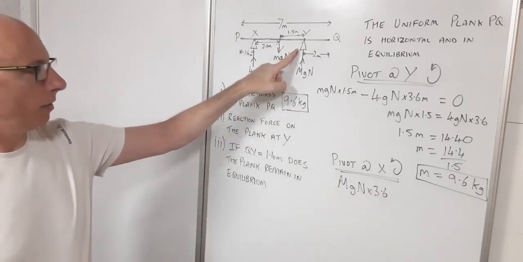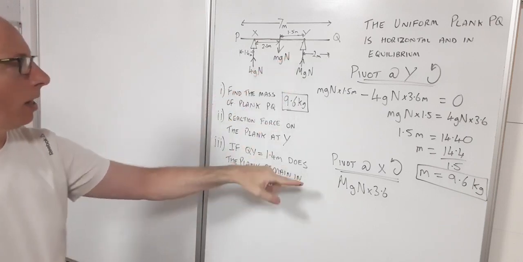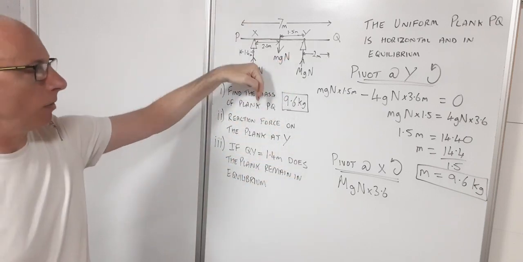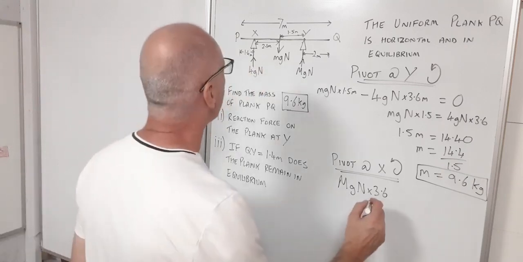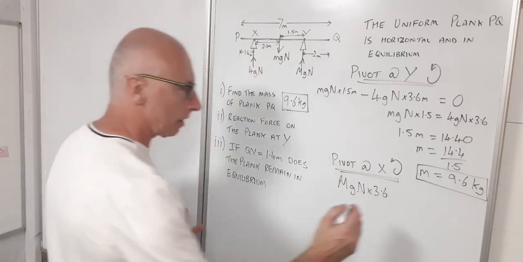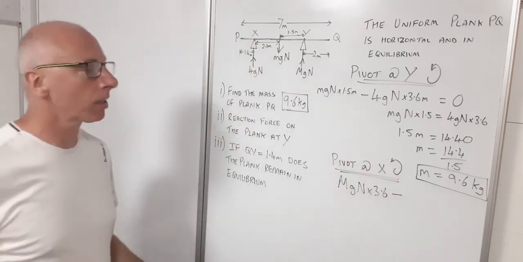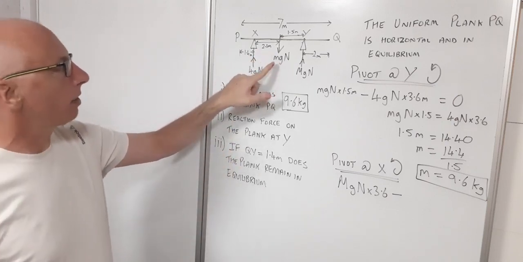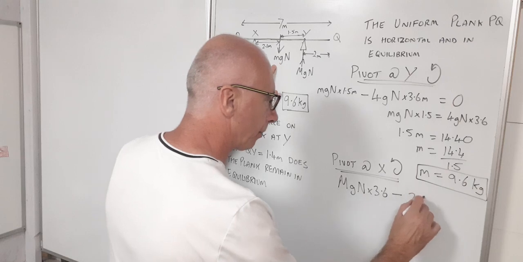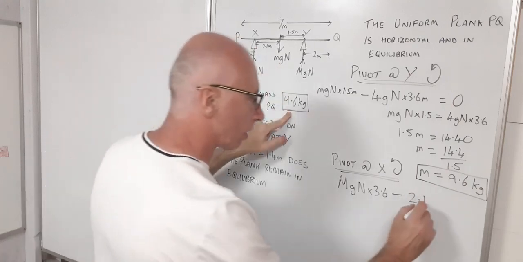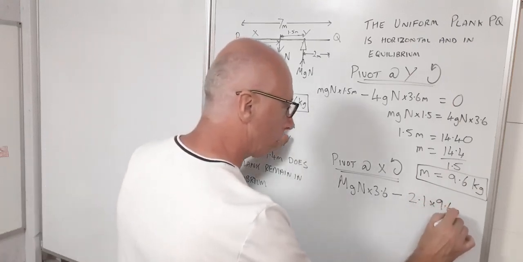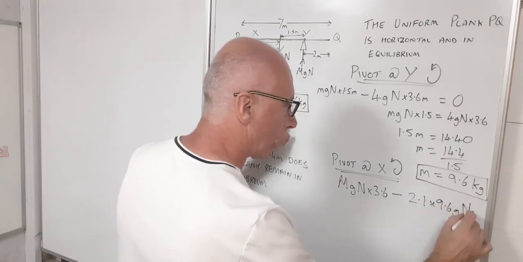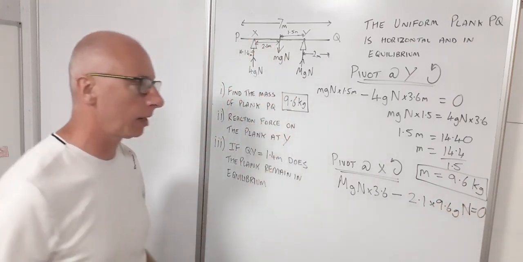That's the length for Y from X. Now this force is going down, so that's going in the clockwise direction. So that's against our counterclockwise, so it's minus 2.1 meters times 9.6 g newtons. And then that again is set to 0.